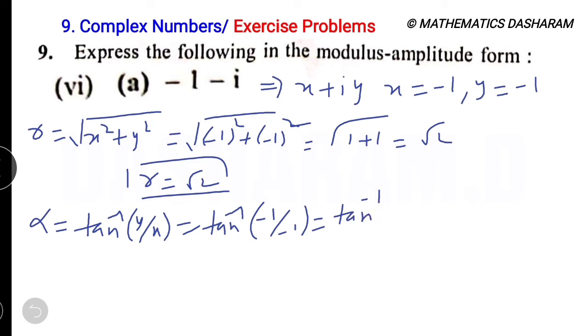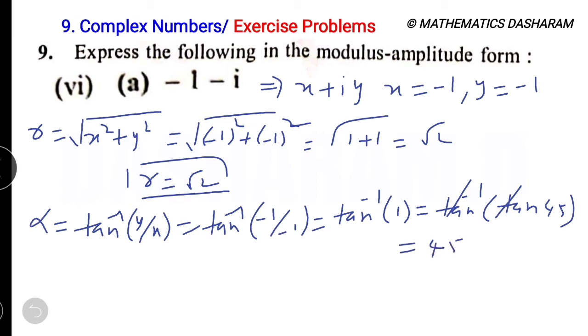So tan inverse of 1, but tan inverse 1 equals tan 45 degrees. So tan inverse cancels, it is equal to 45 degrees, and this 45 degrees convert into radians. So multiply with pi by 180. So then alpha equals pi by 4.